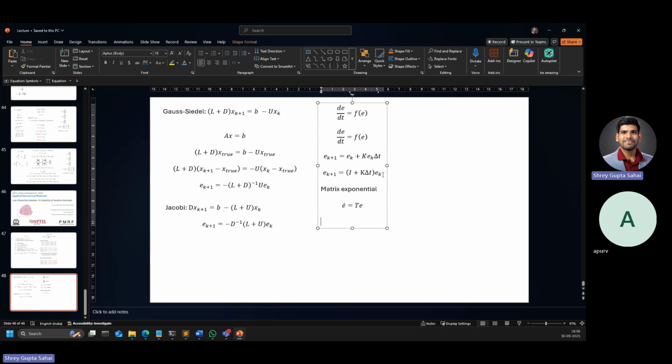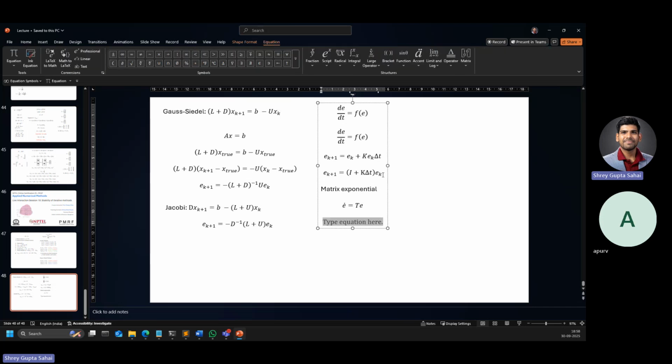Suppose E of 0 is given. Then essentially your x of t would be, this is a notation which I'm writing now, exponential of t times t, times E of 0.